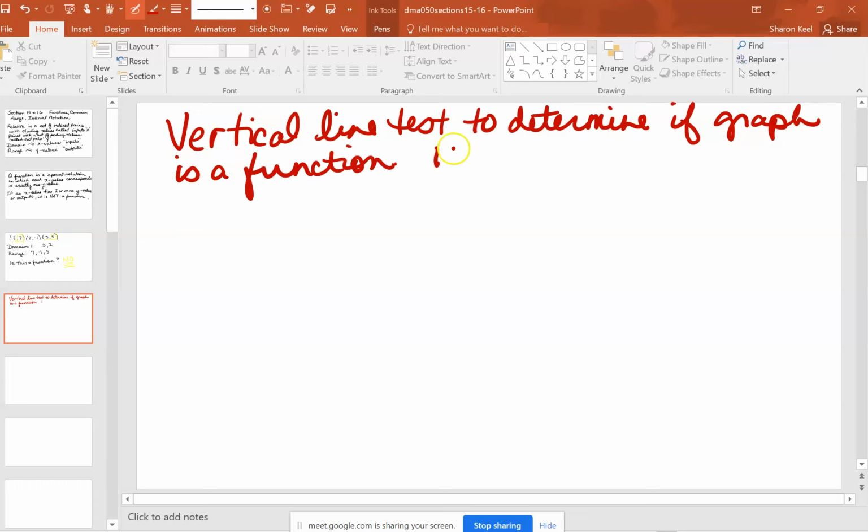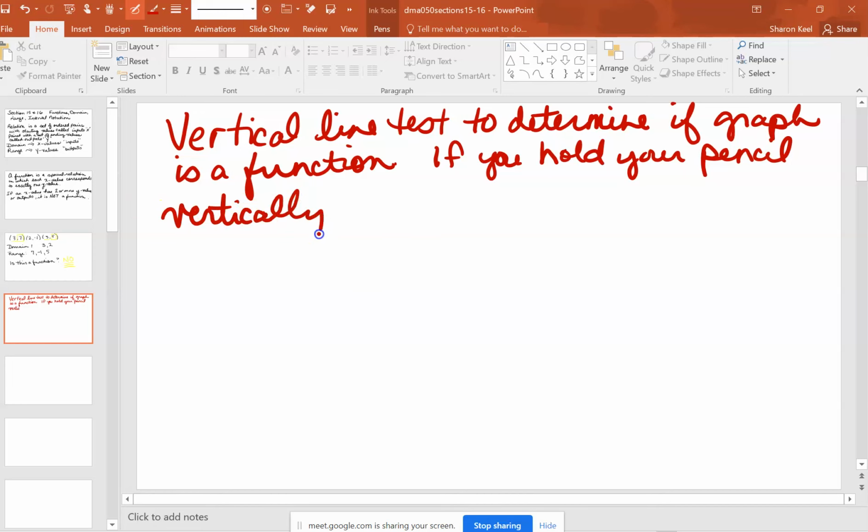In other words, if you hold your pencil vertically over the graph, okay, so here's your pencil.